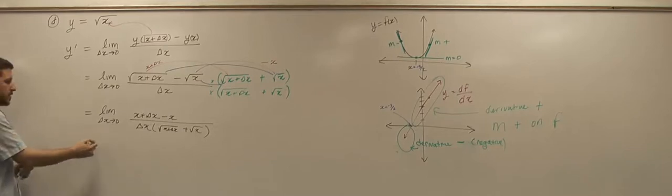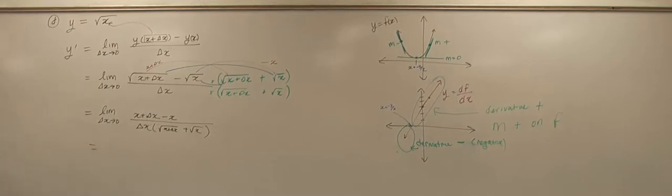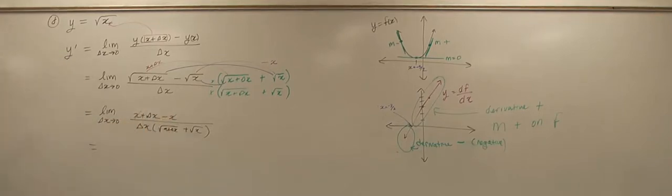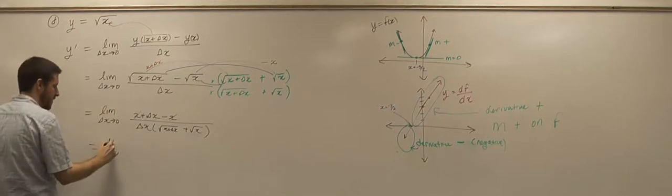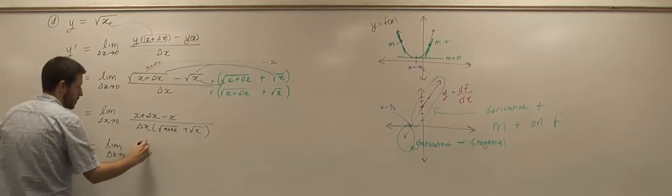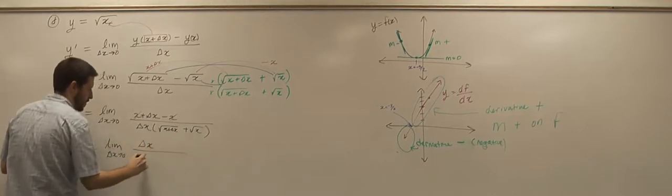And what happens here? Things cancel really nicely, right? This x and this negative x go to 0. They equal 0 when you collect them. So you just have a delta x left on top, which is going to cancel with the delta x left on bottom.